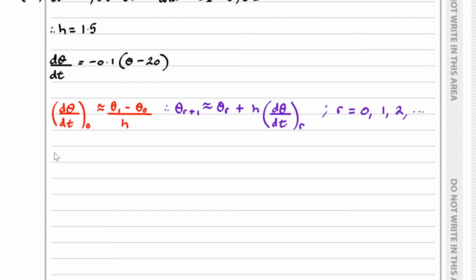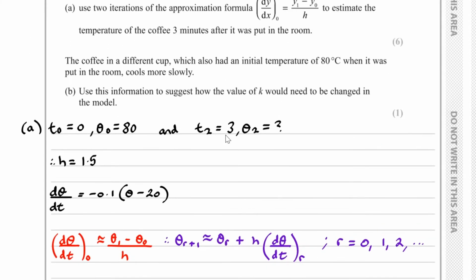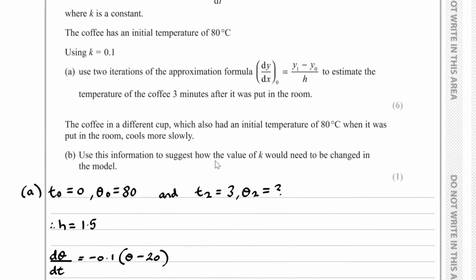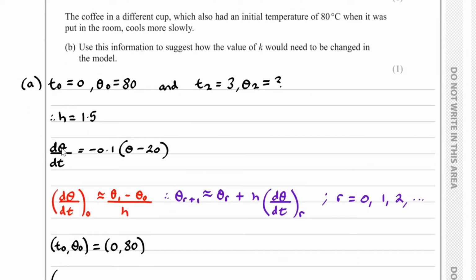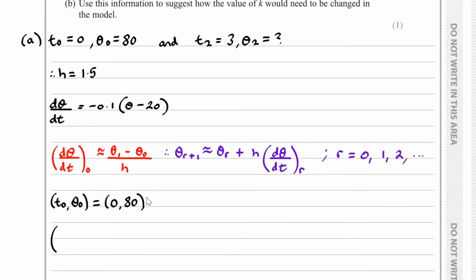First of all, we know that t0, theta 0 is equal to 0, 80, and therefore we can use this information to find out the value of d theta over dt 0.